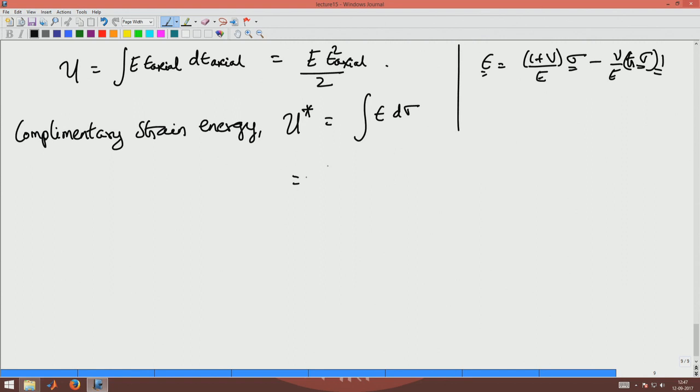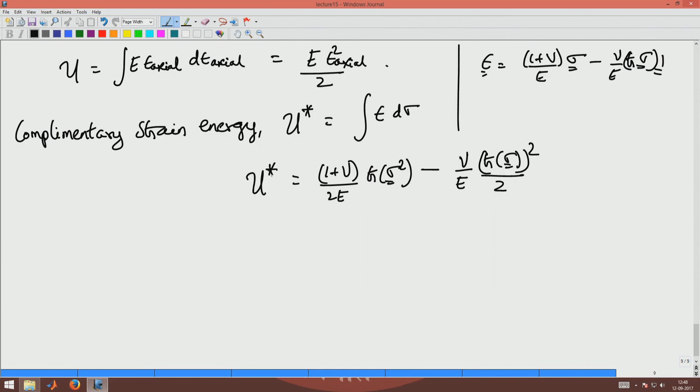So, this will boil down to (1 plus nu) by 2E trace of sigma squared minus nu by E trace of sigma squared by 2. Okay. So, that is the complementary strain energy.